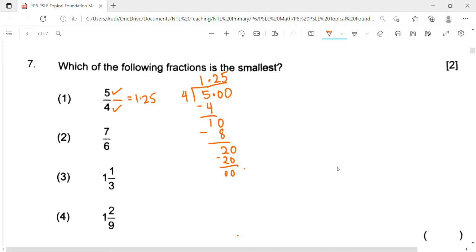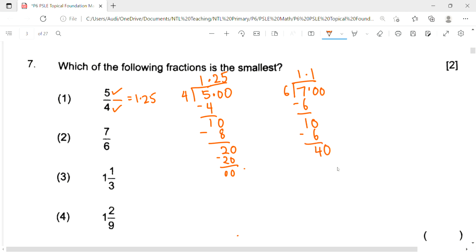We do the same for number 2. 7 over 6 means 7 divided by 6. 1 times 6, now we minus. Now we put the decimal point. Put a 0 here. Minus, you get 4.